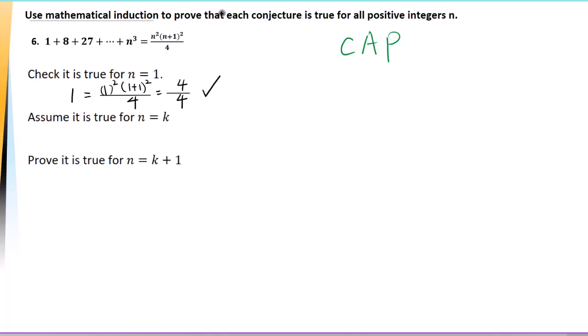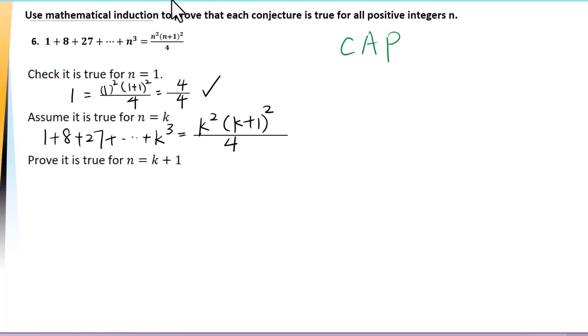Assume it's true for n equals k: 1 plus 8 plus 27 plus ... plus k to the third power equals, on the right side, changing every single n into k, k squared times (k plus 1) squared over 4.